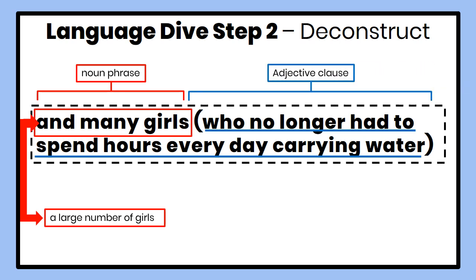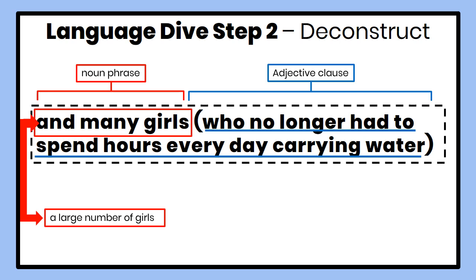Why did the writer write this adjective clause? The round brackets are called parentheses and are used to add information that is not necessary to the meaning of the sentence. The information helps emphasize or clarify certain things.